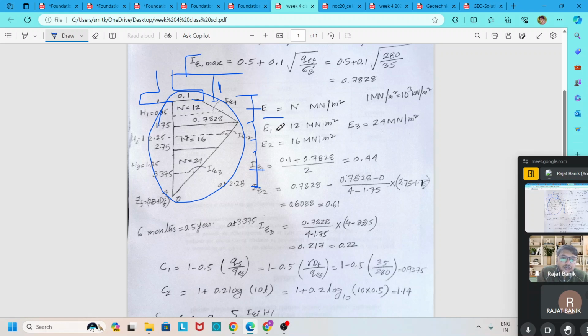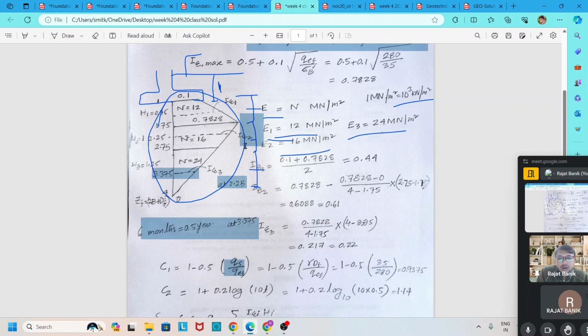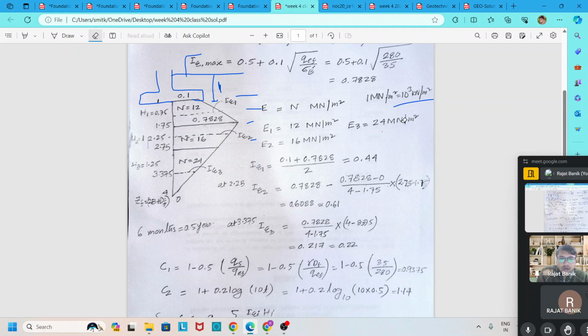For each layer, first we find the Young modulus and convert it from MN per meter square to kilonewton per meter square by multiplying by 10 to the power 3. To find the influence factor at the middle of each layer, we use the interpolation method and also the similar triangle method. This way we find the influence factor at the middle of each layer.